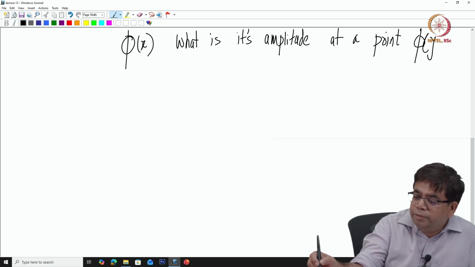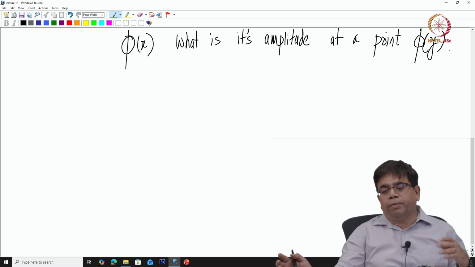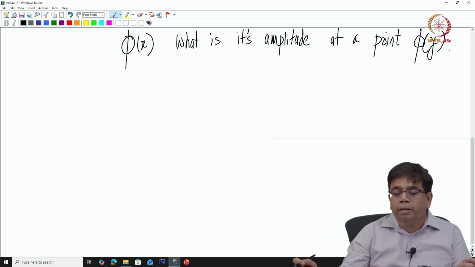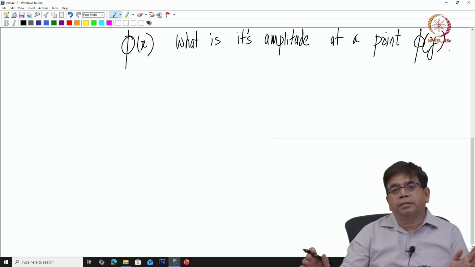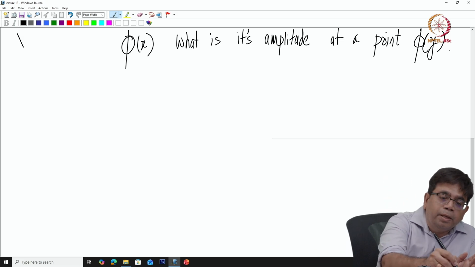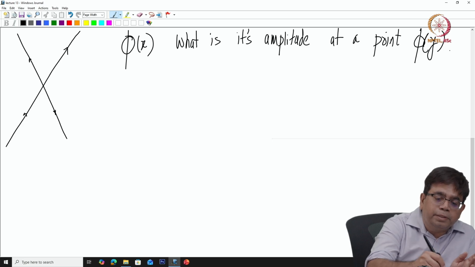This is completely connected with the causal structure of the theory. We are in a relativistic theory, so we want all the amplitudes to dominantly lie within the light cone.